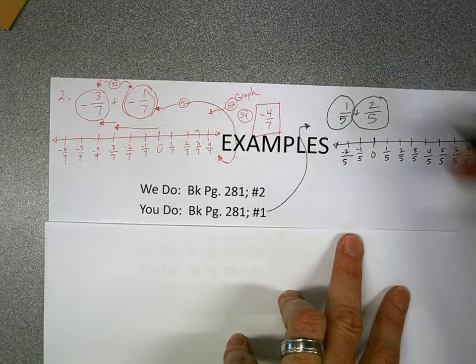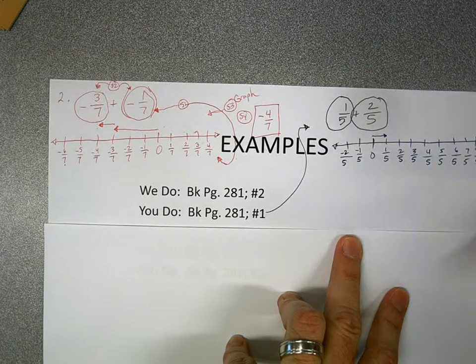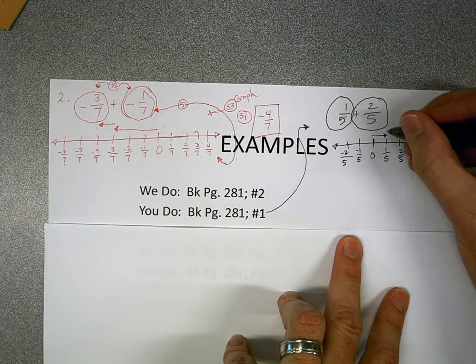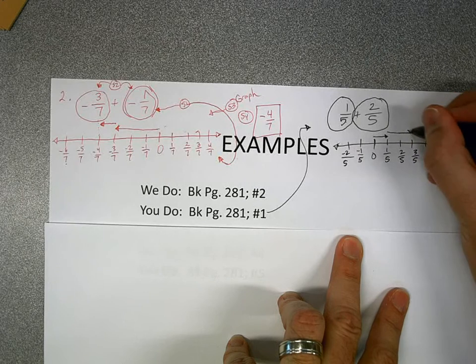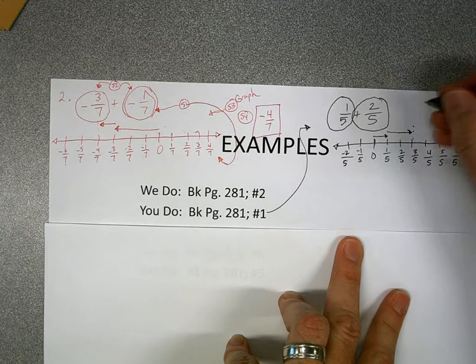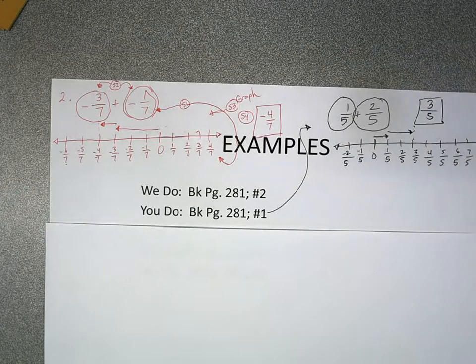So 1/5, it's positive, I'm going to the right, 1/5. Okay, and then I'm going to go to the right 2/5 from here. So 1, 2. And of course, we go ahead and write our final answer, and that is 3/5. Okay, questions?